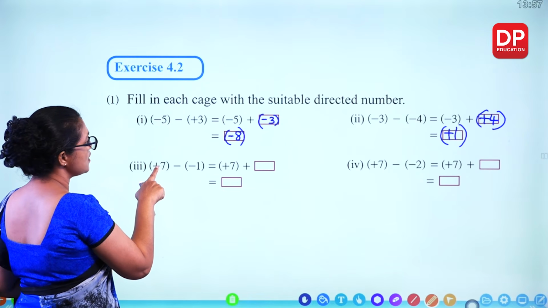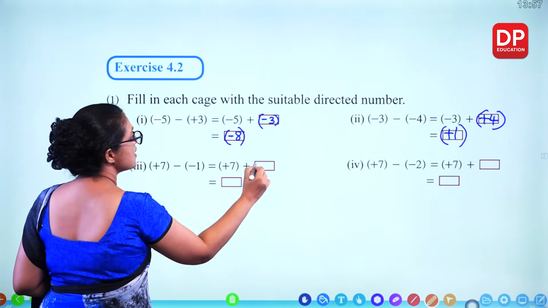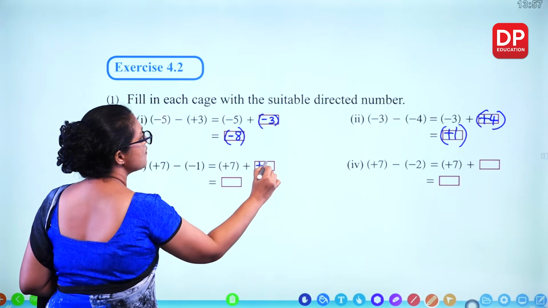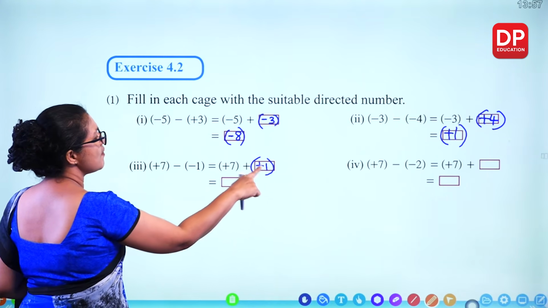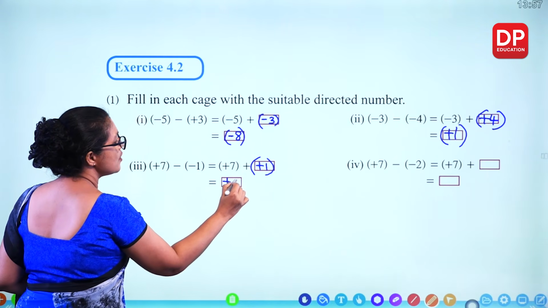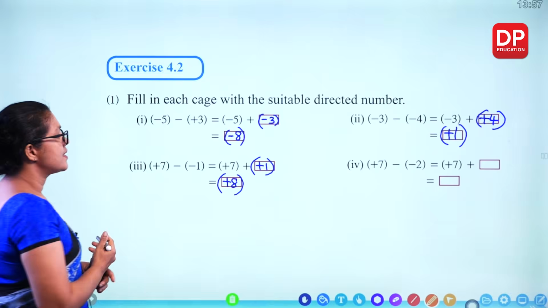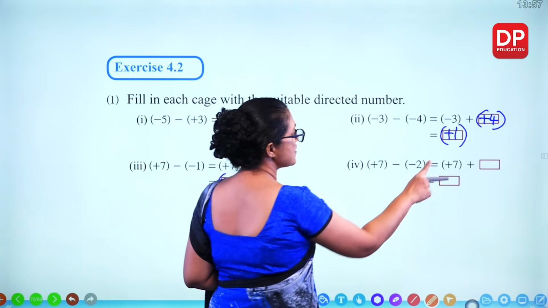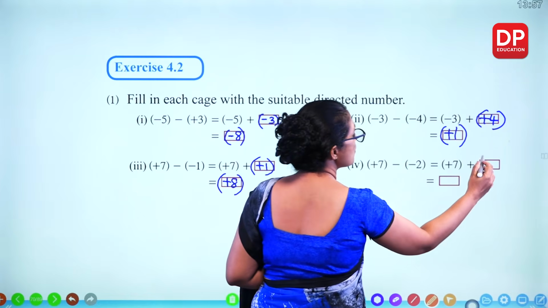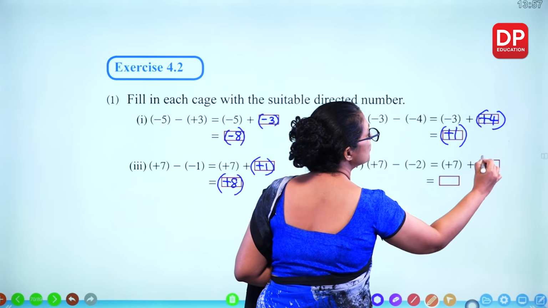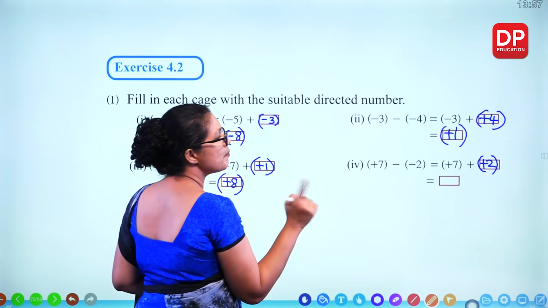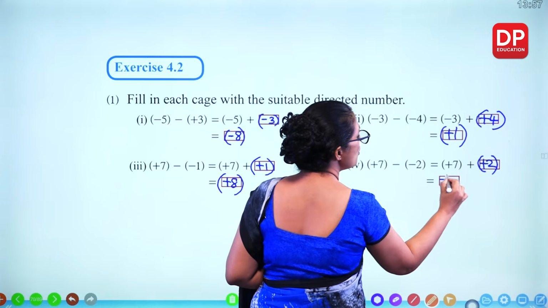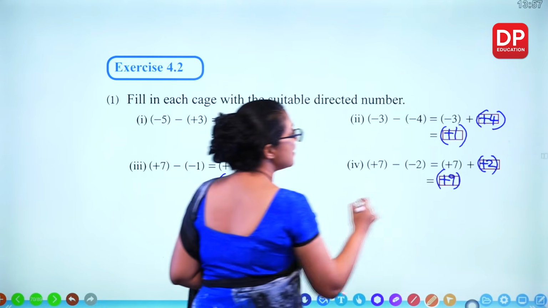Convert to additive inverse. Plus 7 plus minus 1 additive inverse is plus 1. 7 and 1 both positive. You get plus 8. This one, plus 7. Additive inverse of minus 2, that's plus 2. And both pluses. 7 plus 2, you get plus 9.